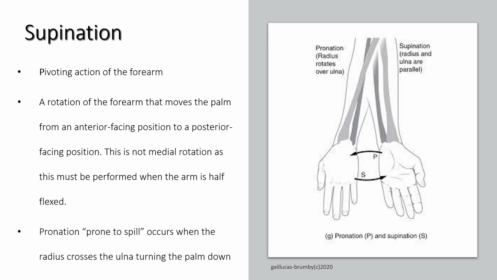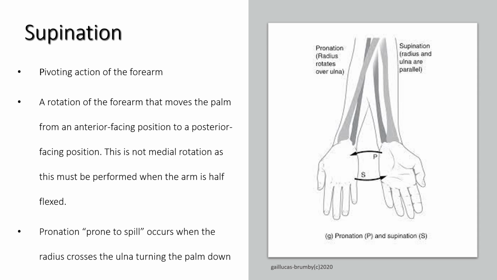Supination is the opposite of pronation. And if we lie prone, we lie face down on the floor. If we lie supine, then we lie face up. And supination and pronation occur on the lower part of the arm because of two bones pivoting on one another.